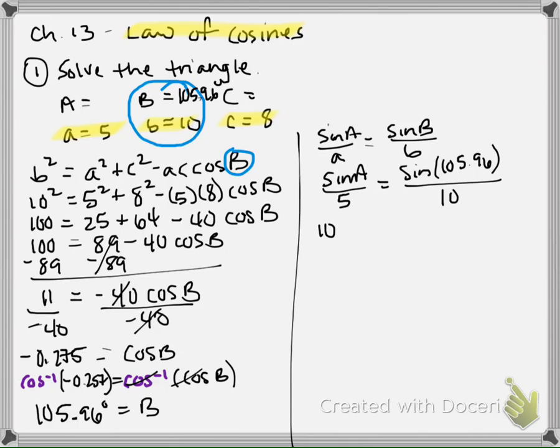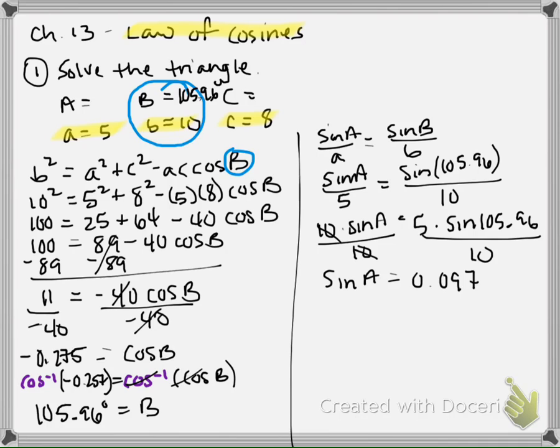Cross multiply, I get 10 times sine A equals 5 times sine 105.96. Divide both sides by 10. I get sine A equals 0.097.